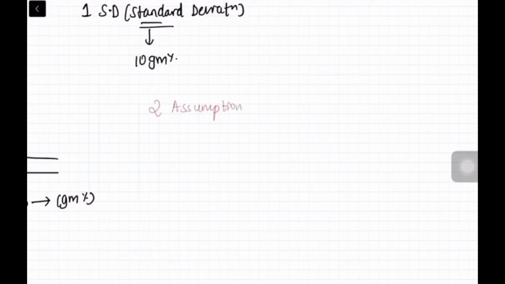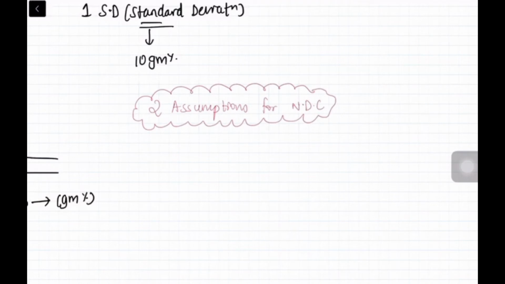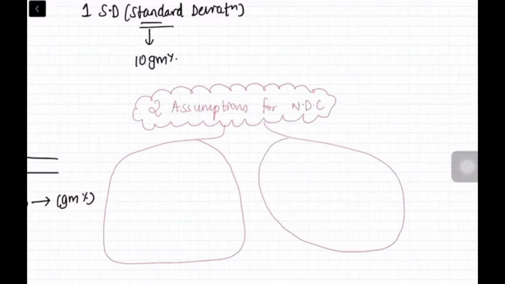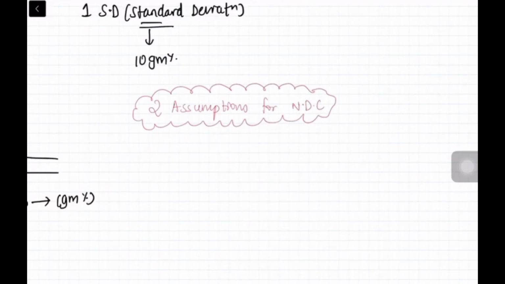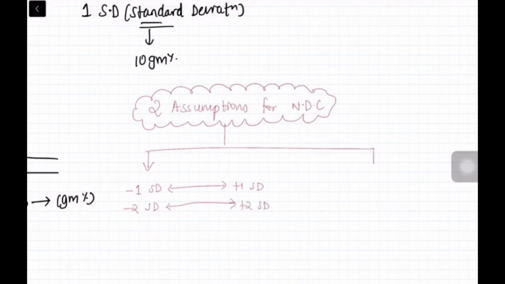Now for drawing this normal distribution curve, we made two assumptions. Which are these two assumptions? We will be seeing it now. The first assumption is that between minus 1 standard deviation and plus 1 standard deviation, 68% of the population falls. Between minus 2 and plus 2 standard deviation, 95% of the population falls, while between minus 3 and plus 3 standard deviation, 99% of the population falls.